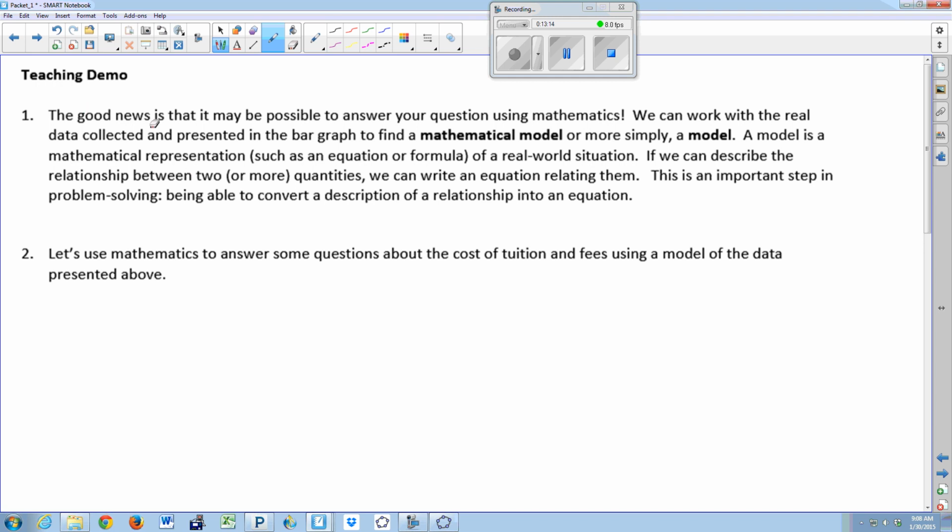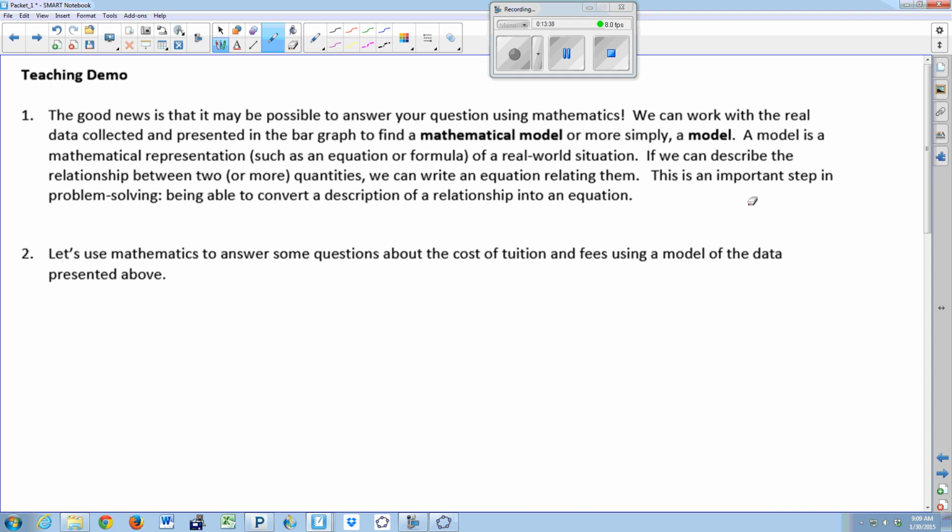All right, so the answer to the question about when am I ever going to use math, we're going to do it right now. We're going to make a mathematical model. This is the first topic in your section 1.1 that hopefully you read about. A model is simply a way to represent through mathematics a given situation.